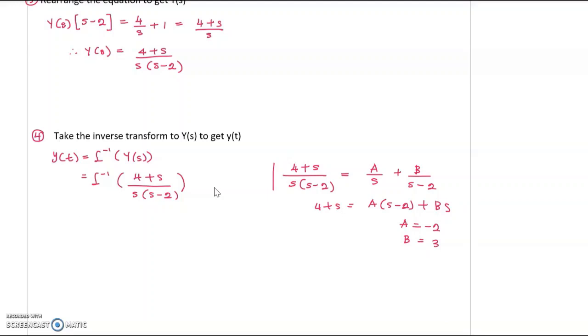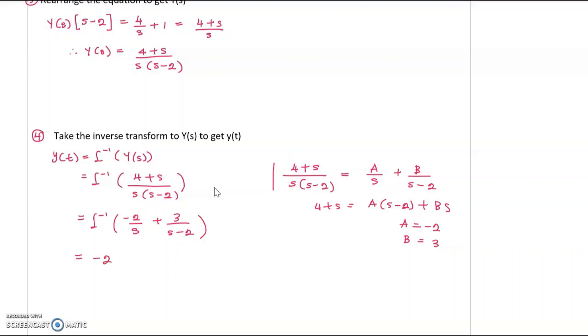So it means that, back to the inverse here, this is equivalent to the inverse Laplace of a over s plus b over s minus 2. So a is negative 2, so negative 2 over s plus 3 over s minus 2. Now we can map to our table easily.